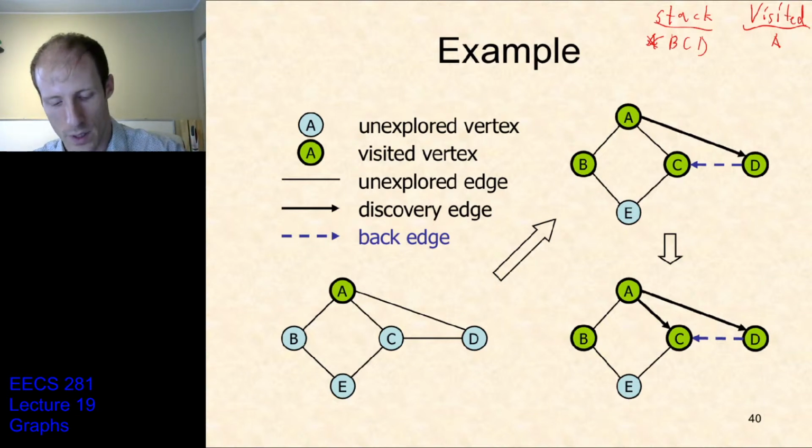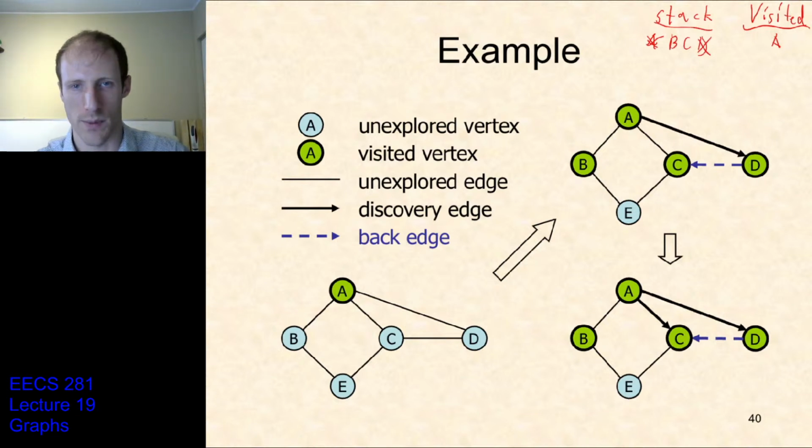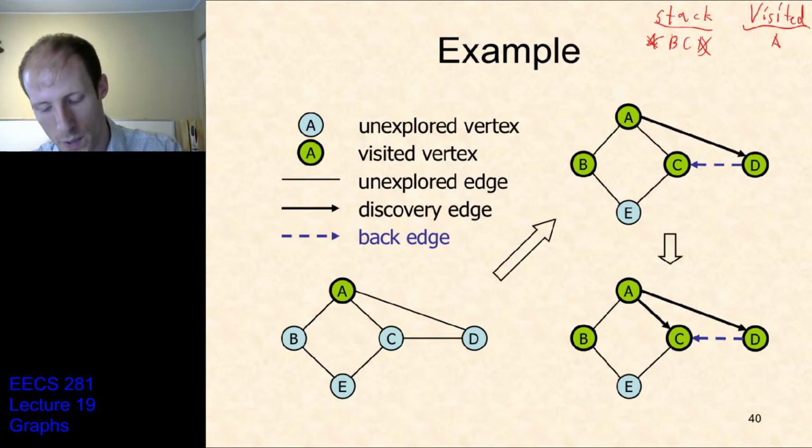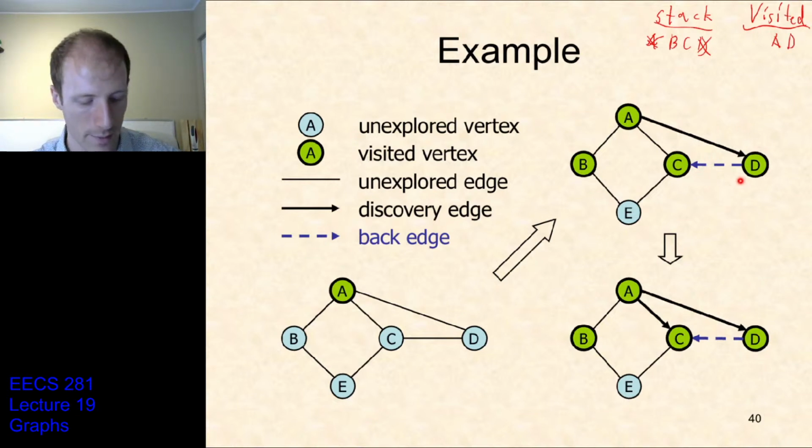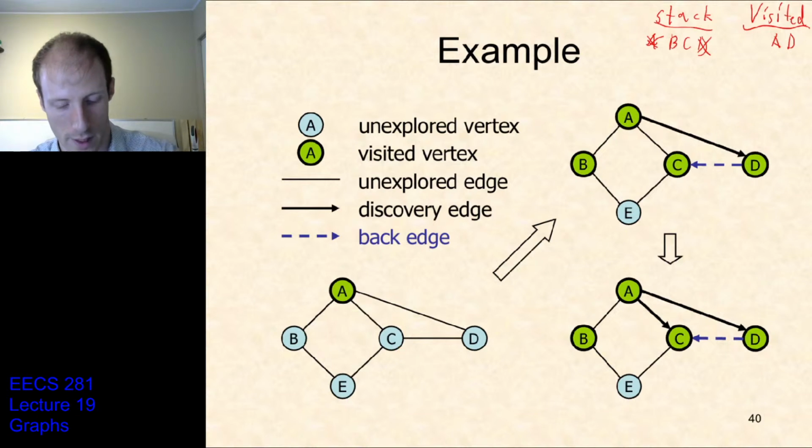So now we're going to pop D from the stack because it's at the top. It was put in most recently. We'll mark D as visited. Then we'll check the neighbors of D. And in this case, so this is the graph we're searching, right? D has this neighbor. Oh, sorry. Actually, when we pushed B, C, and D into the stack, we should have also marked them as visited, right?